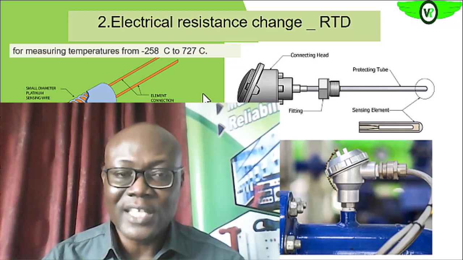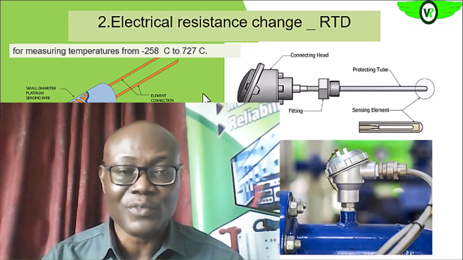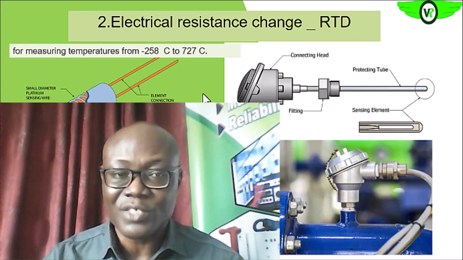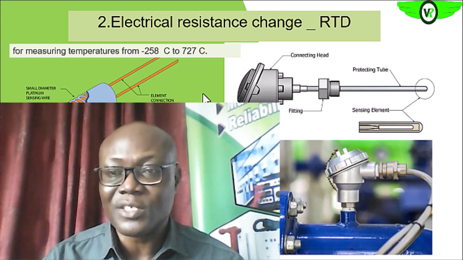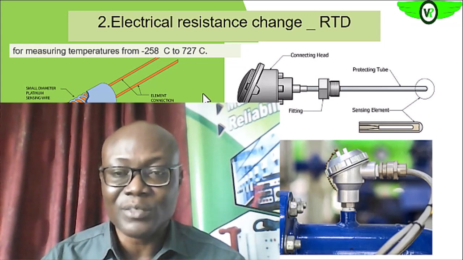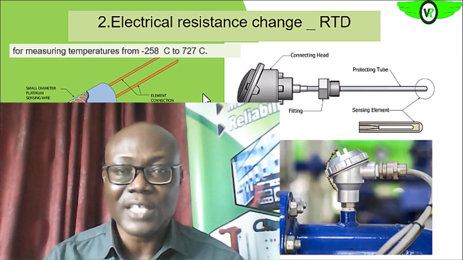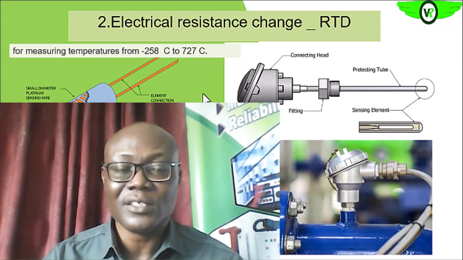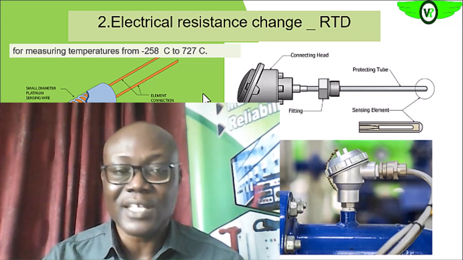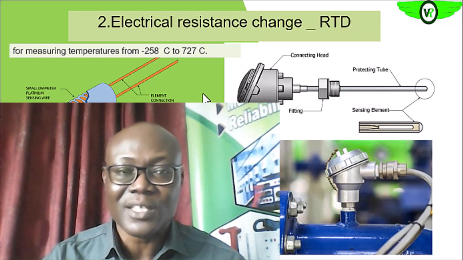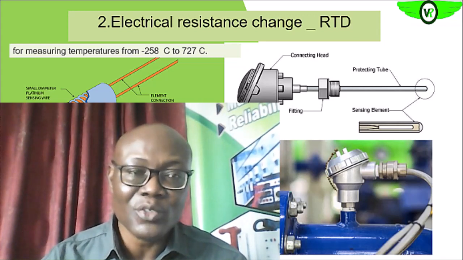That is, if it has a positive coefficient, the resistance of the material will be increasing as the temperature is increasing. If it has a negative coefficient, as the temperature of the process that it is looking at is increasing, the resistance of that element, the sensing element, the sensor, will be reducing.